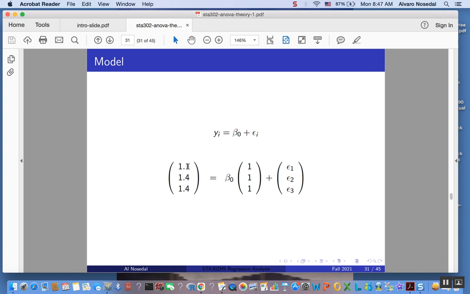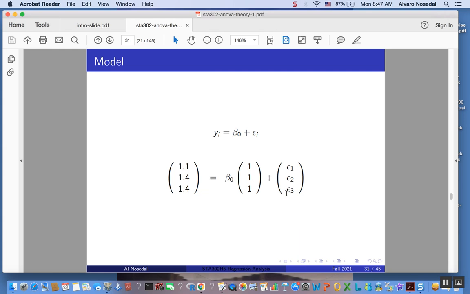First observation, y1 equals 1.1. Second observation of the response, y2 1.4, and y3 equals 1.4 as well. Here we're just factoring out that beta 0, so we have a vector of 1s plus the vector of random fluctuations, the epsilons.